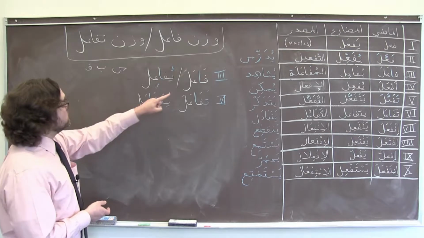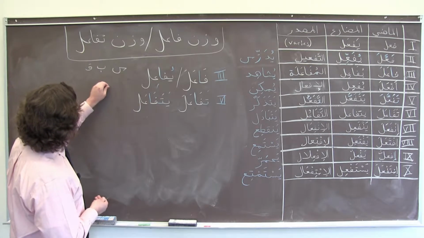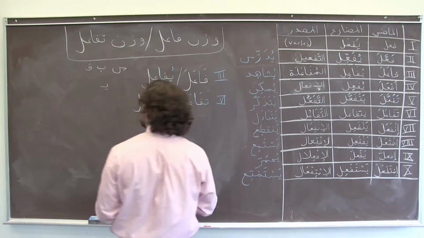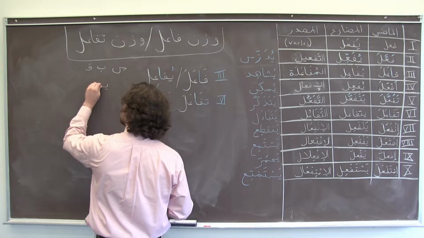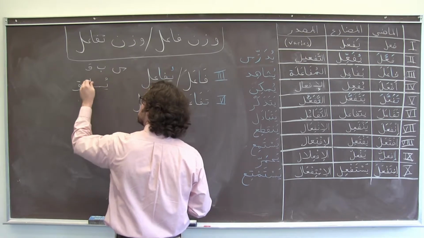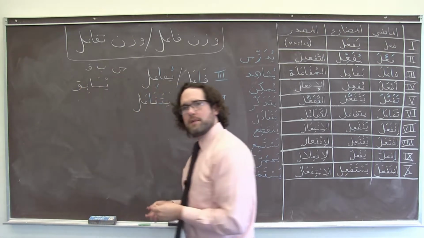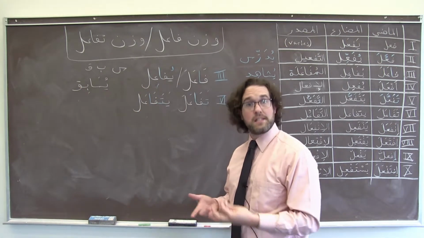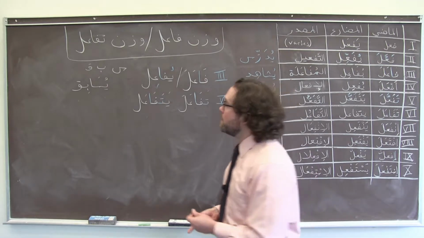And if we put that into form 3, we wind up with a verb yusabiq, that means to race, to try to come before someone else.